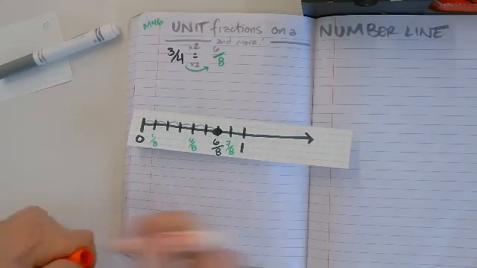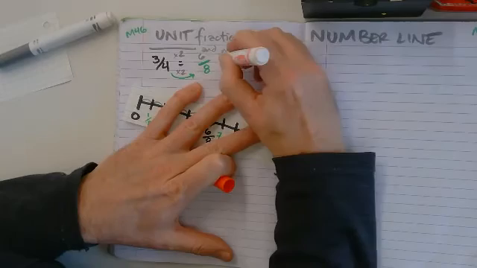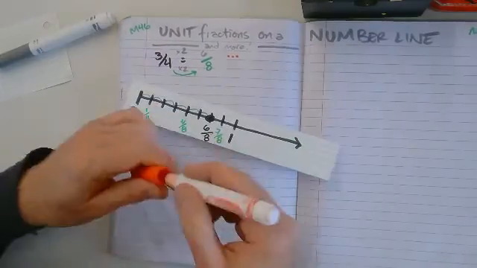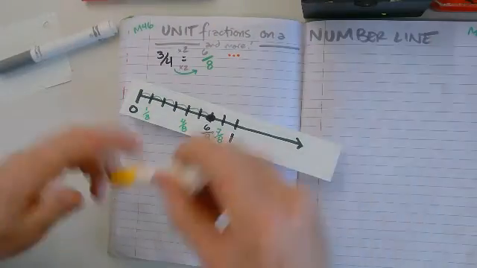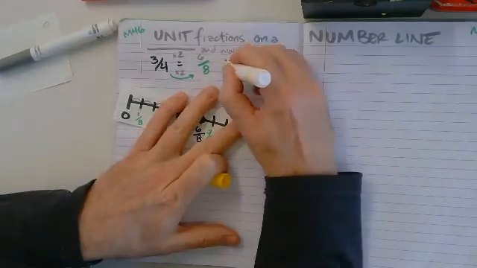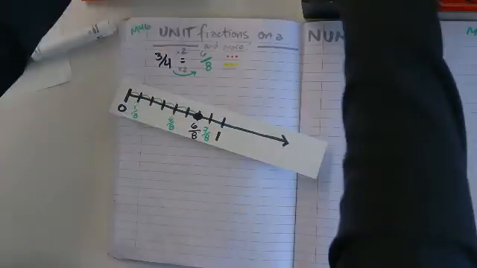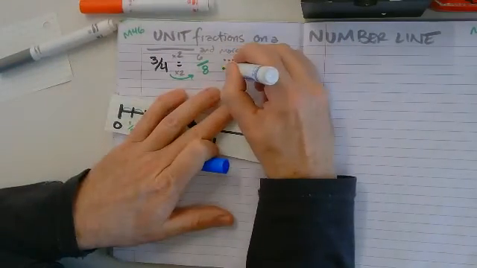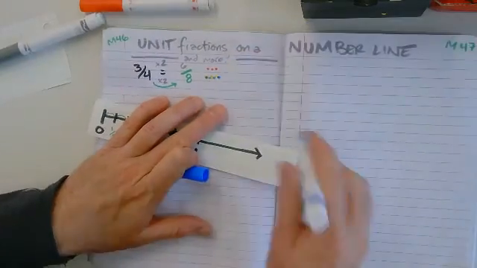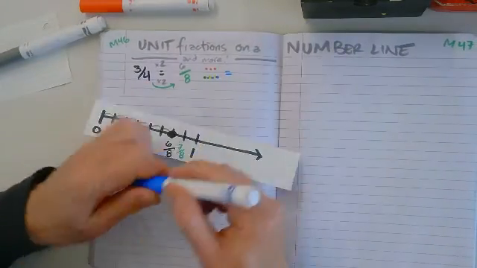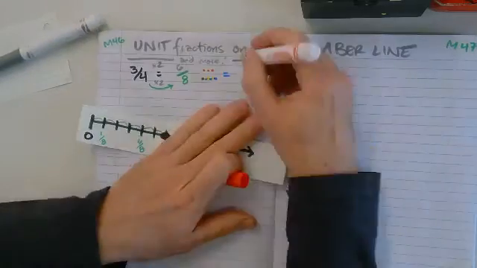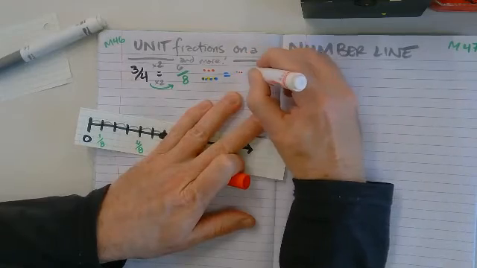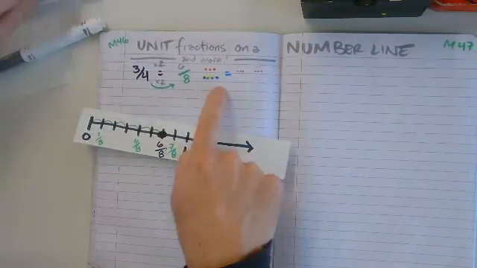Another way to do that would be, remember those little squares I had? Let's say I had 3 on the top and 4 on the bottom, 1, 2, 3, 4. That would be the same as if I just doubled everything. 1, 2, 3, 4, 5, 6.